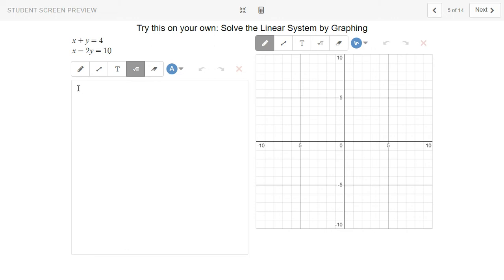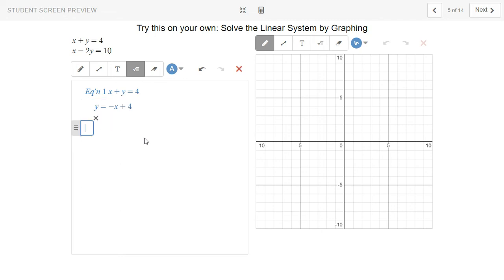Let's rearrange our equation. So equation 1, we have x plus y is equal to 4. We rearrange: y is equal to negative x plus 4.